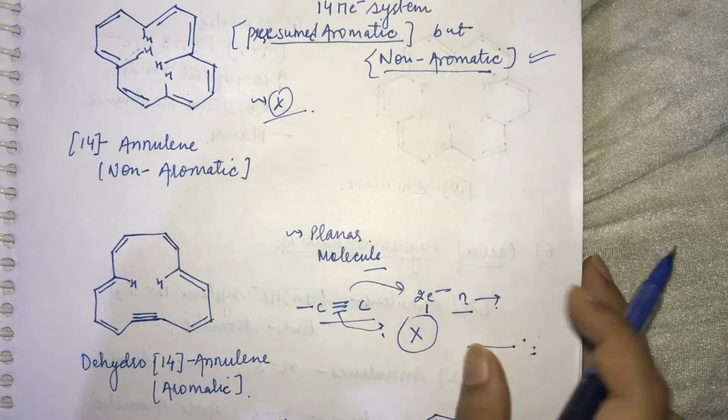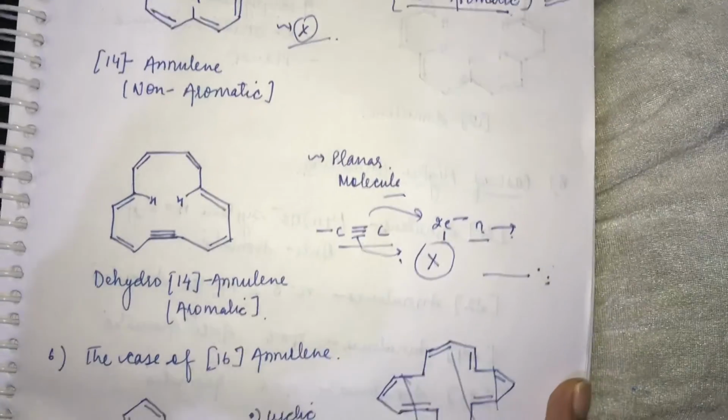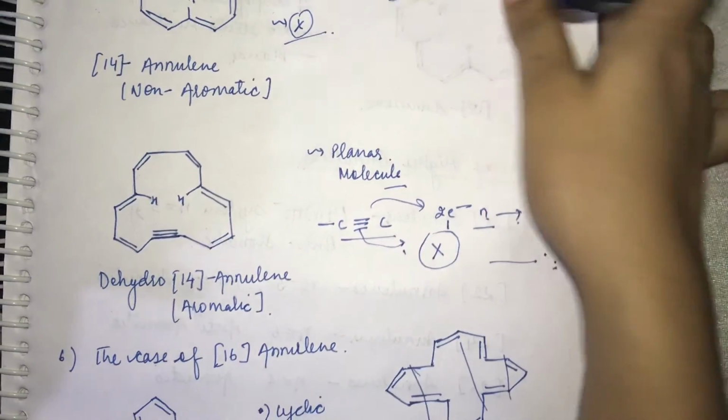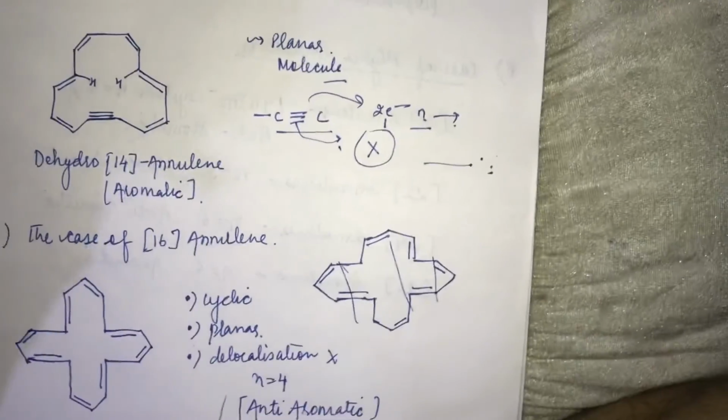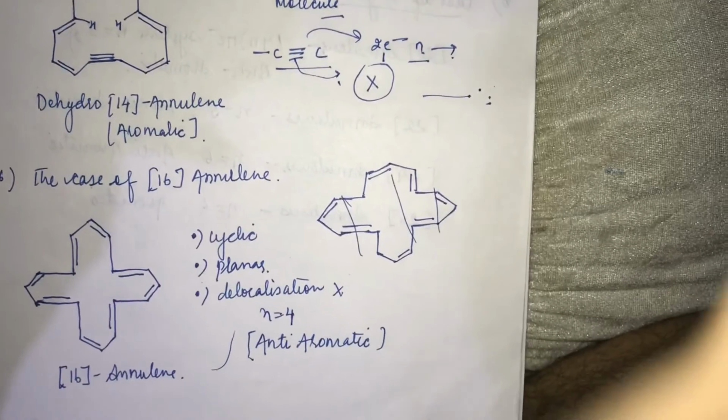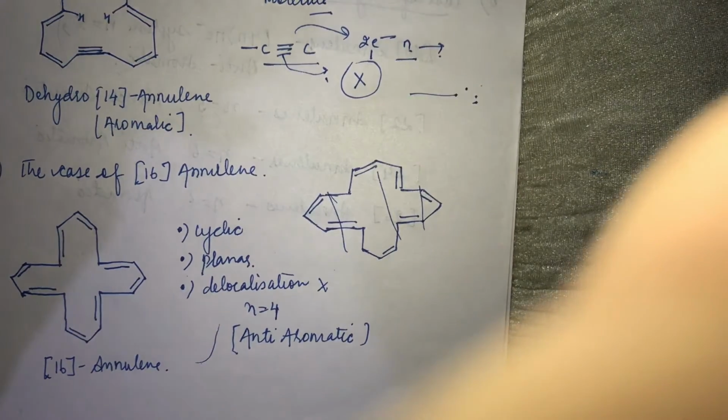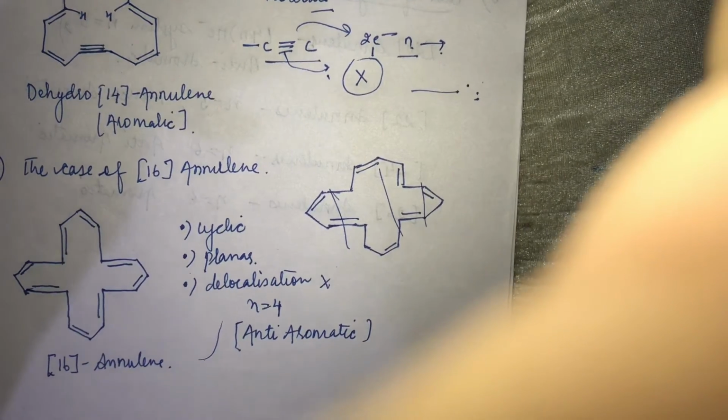Now we will consider the case of 16 annulene. In 16 annulene there are two broad conditions.